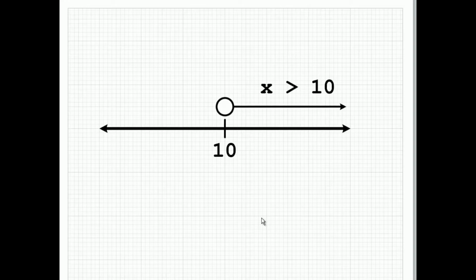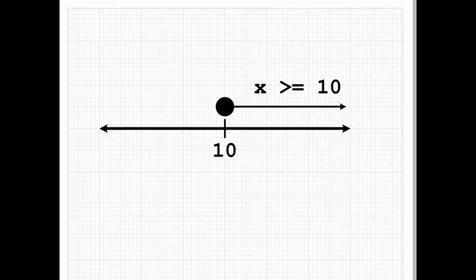The expression x is greater than 10 is true for all values of x that are greater than 10 or to the right of 10 on the number line. The open circle over the 10 indicates that 10 is not included in the set of values. If x were 10, the expression would evaluate to false.